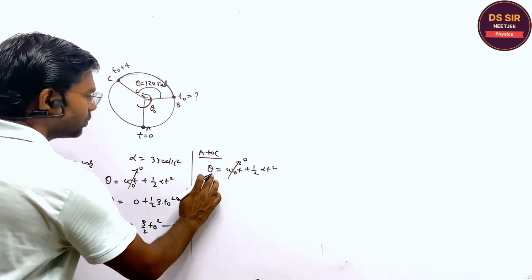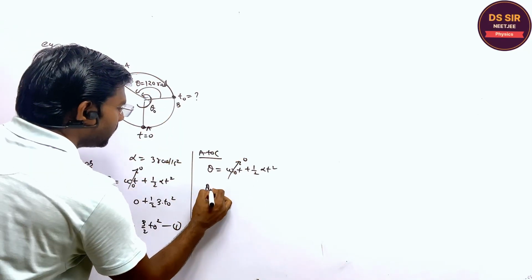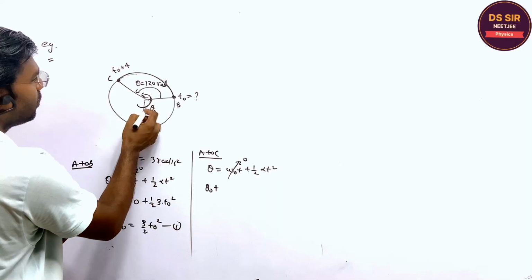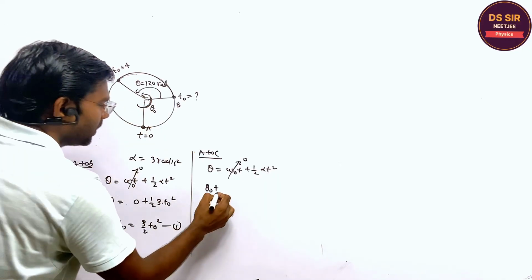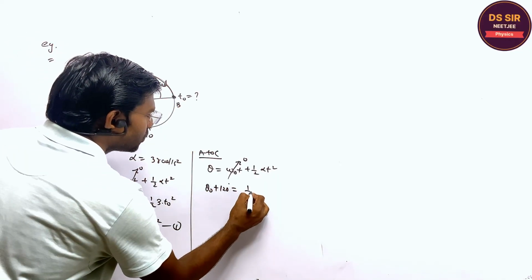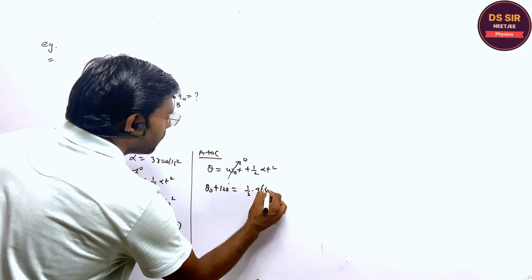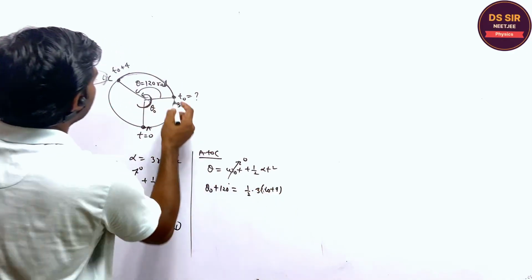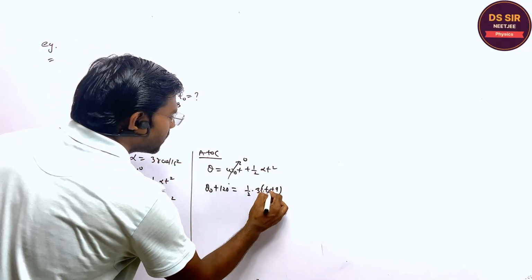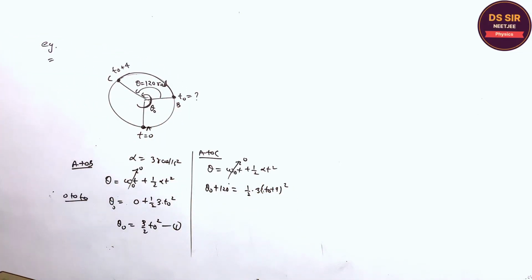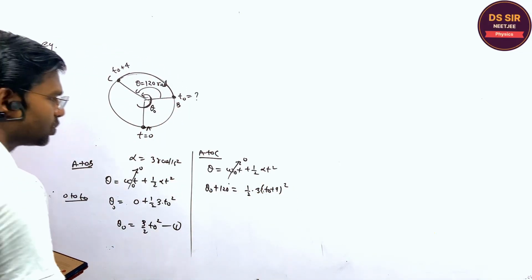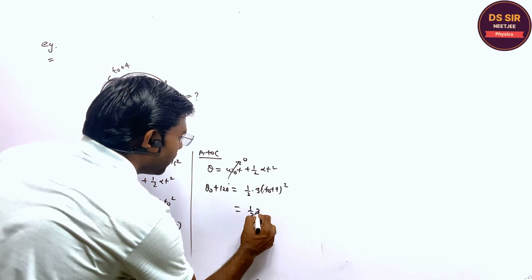Initial velocity is 0. The total angular displacement is now theta naught plus 120, which is equal to half alpha into t naught plus 4 whole square, because this is the 4 second. Is it clear or not? So it may be simplified further.